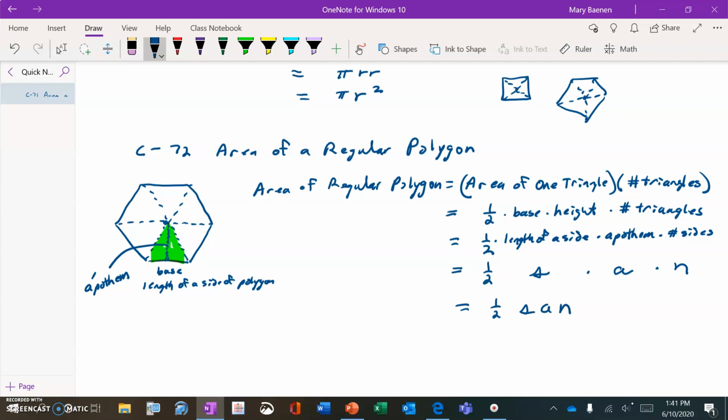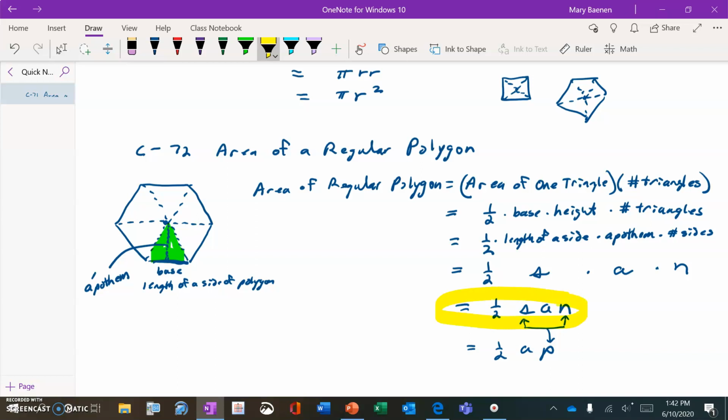Now, if I take the length of a side, how long one of these sides would be, and multiply it times the number of sides, that would give me the perimeter. So another way to write it is 1/2 AP, because S times N actually turns into that P. Now, I don't use that real often.